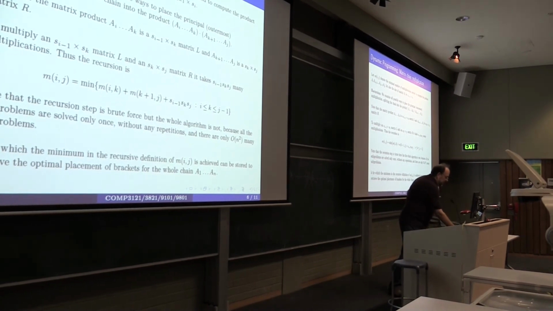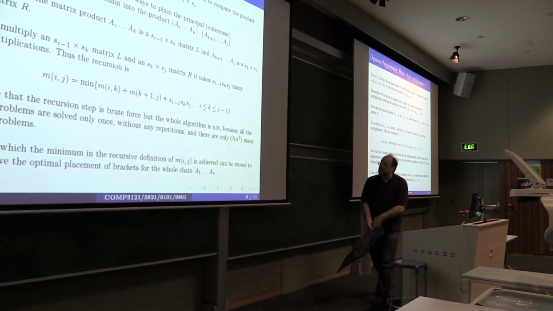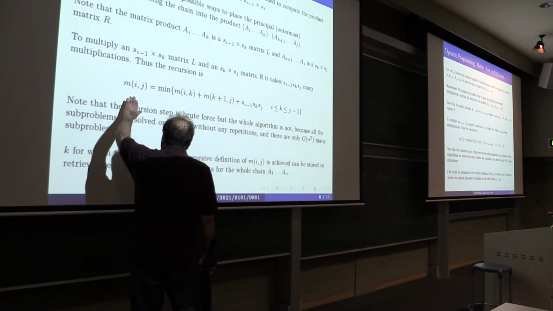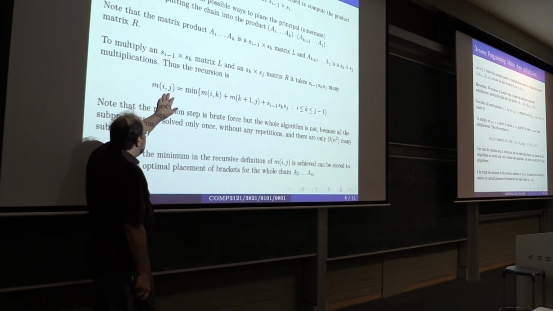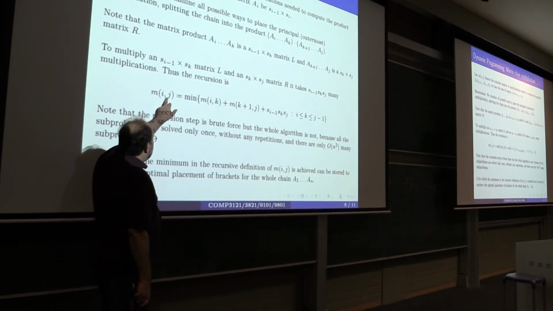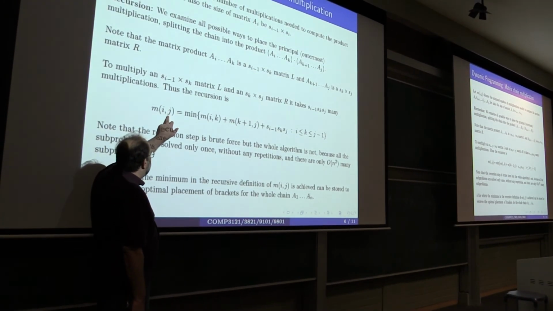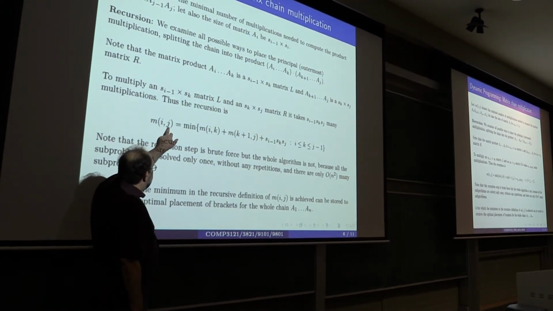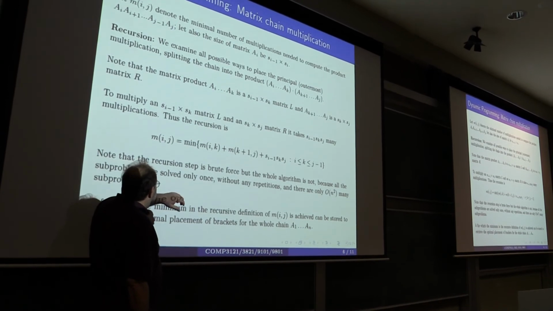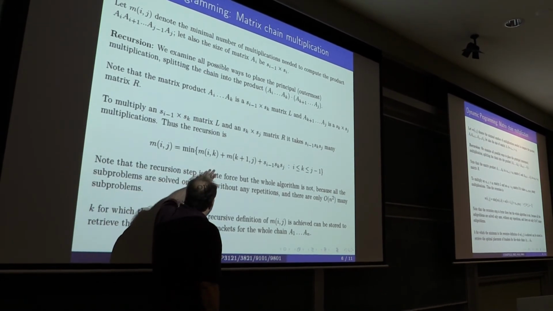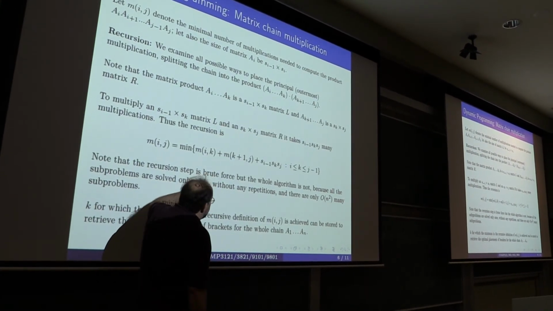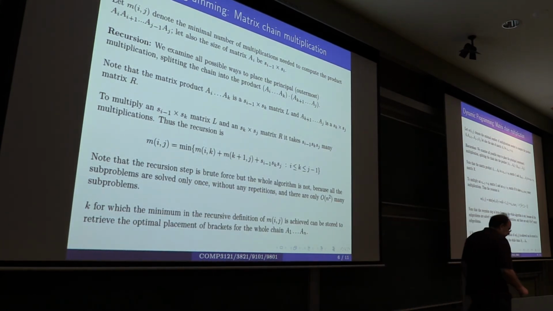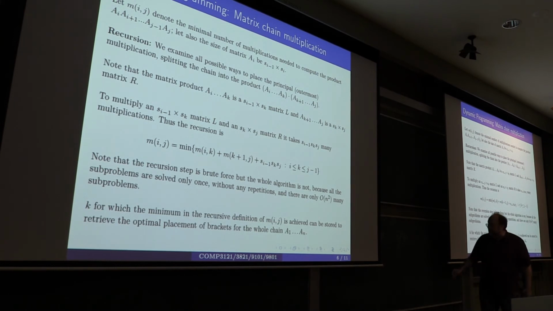Why is this so? Well, what is the minimal number of multiplications needed to evaluate the product from matrix AI to matrix AJ? Well, this will be, you see, a min over k. What we now do is we search through all possible placements.